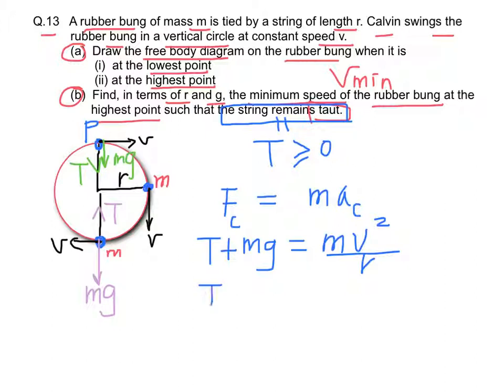Therefore, the tension in the string is equal to m times (v squared over r minus g).